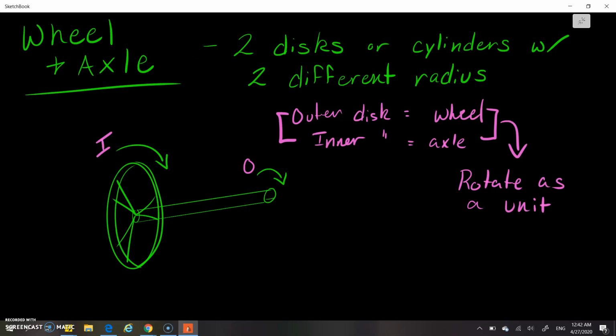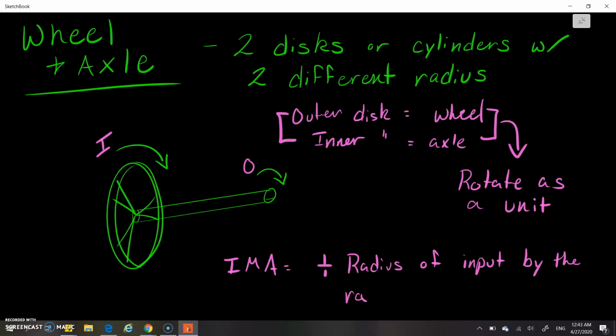Okay, and so when I am looking at the ideal mechanical advantage of a wheel and an axle, you're going to divide the radius of your input by the radius of the output.